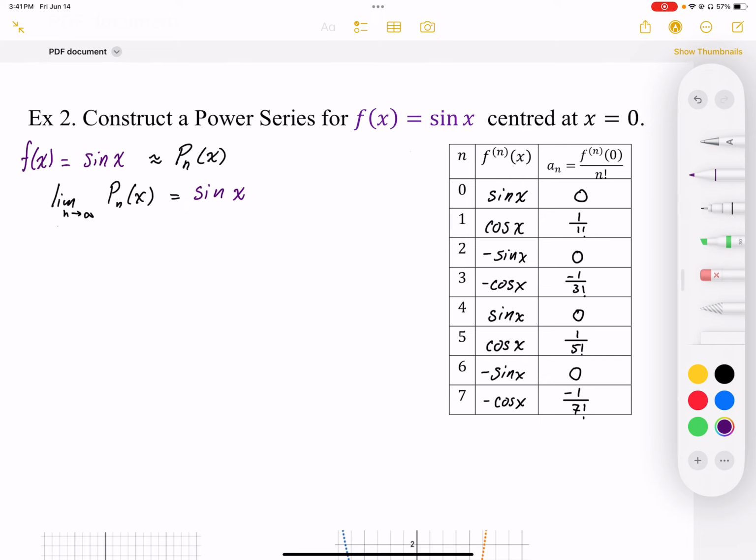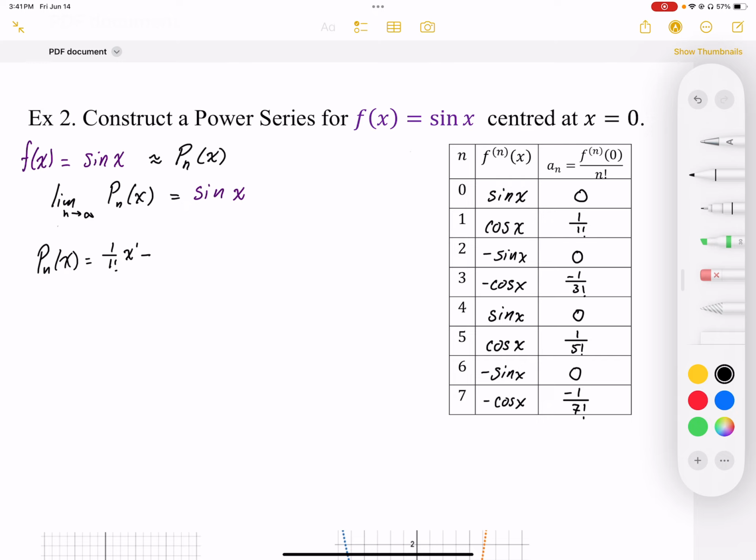But right now we're just going to use a finite number of terms, and we're going to build our p of x function. We'll just generalize it first as p of n. So for n number of terms, the n equals 0 term is 0, so we'll leave that out. For n equals 1, the coefficient's 1, so it's going to be 1 over 1 factorial x to the power 1.